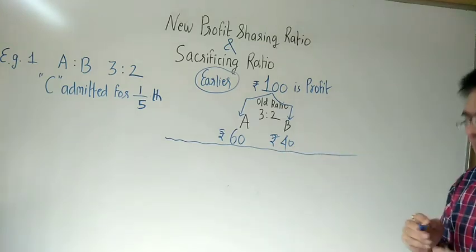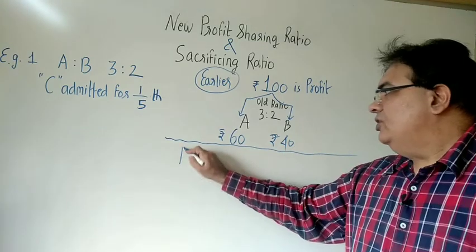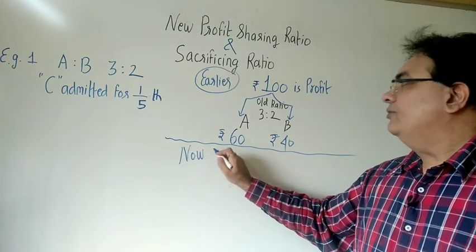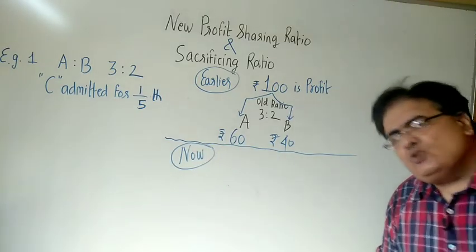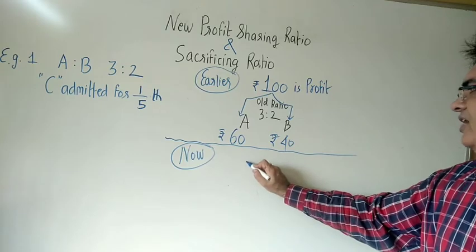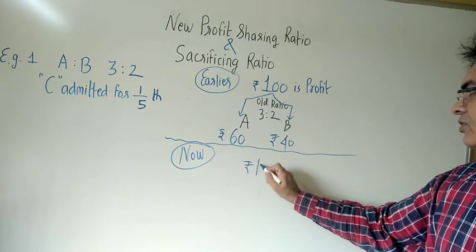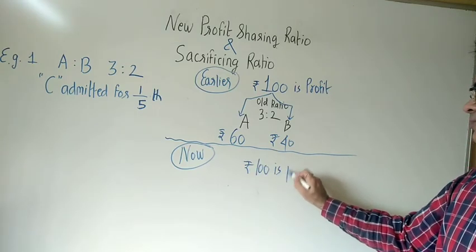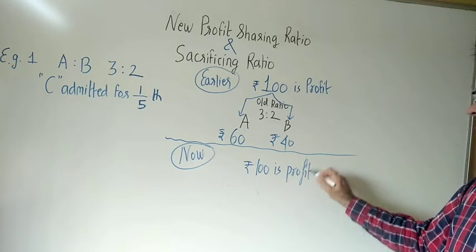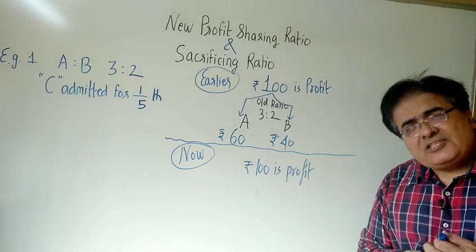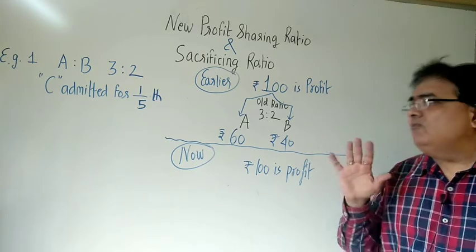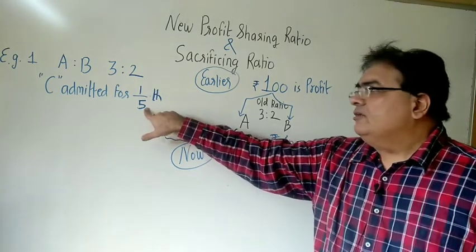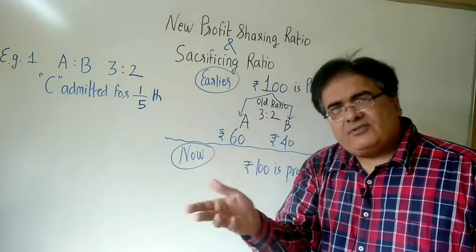Now C is admitted as a partner. Let us assume again the profit is 100. But as we have promised, Mr. C should be given 1/5.